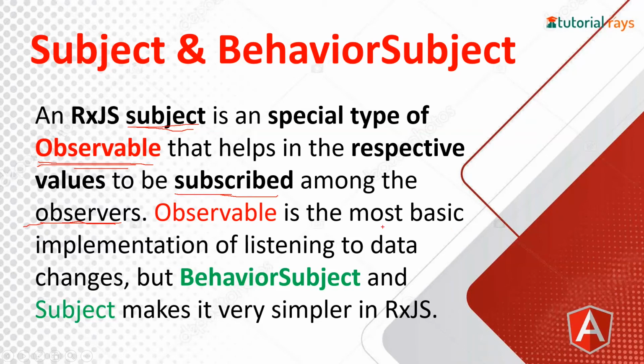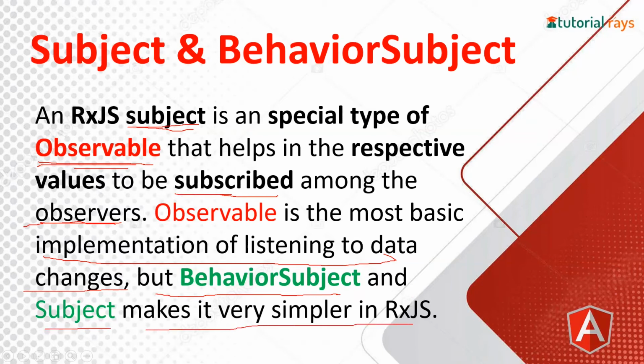Observable is the most basic implementation of listening to the data changes. In the previous video, I have discussed what an observable is. In case you have missed that video, then I recommend you check that also. But BehaviorSubject and Subject make it simpler in RxJS.